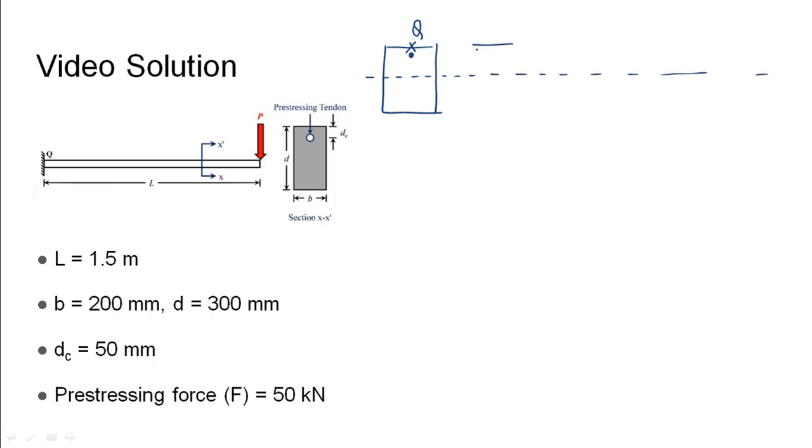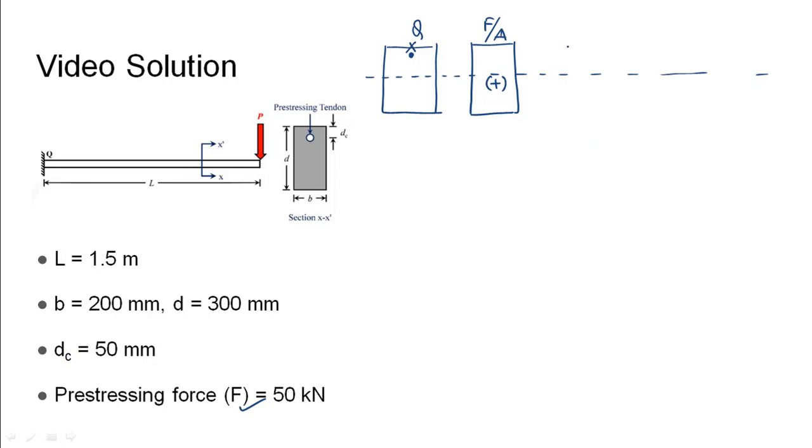So as we saw in the previous slide, the first component would be constant value, that will be the pre-stressing force F, which is given here 50 kilonewtons, divided by the cross sectional area of the beam A.